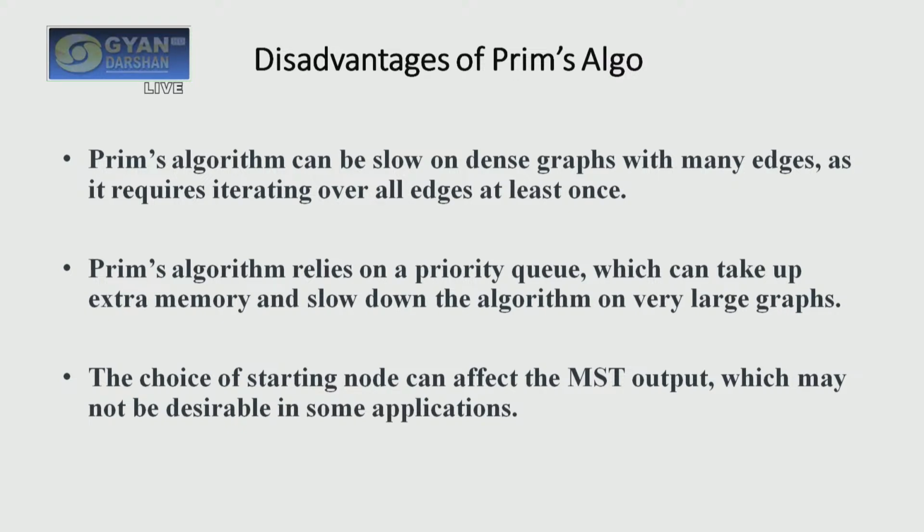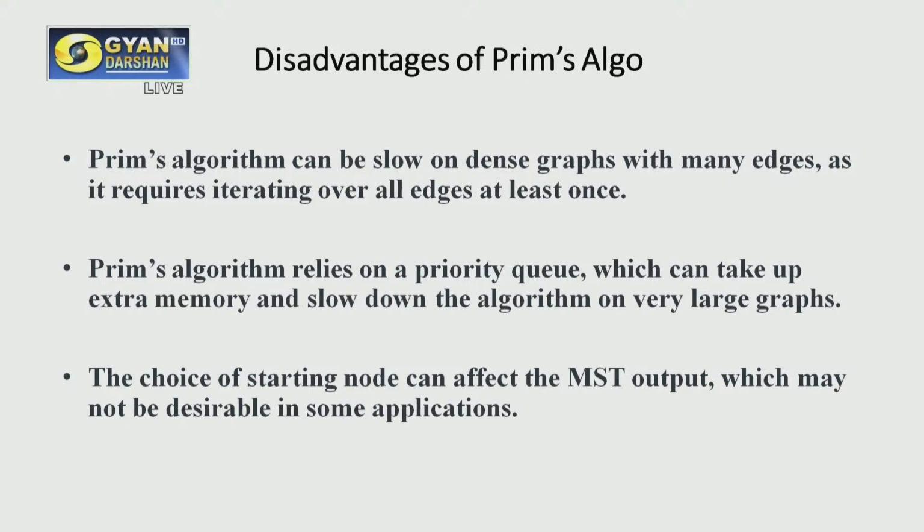Prim's algorithm can be slow in the case of a dense graph or nearly complete graph, as it will require iterating over all the edges at least once. So it may consume more time. Prim's algorithm relies on a priority queue, which can take up extra memory and slow down the algorithm on very large graphs. This is another disadvantage.